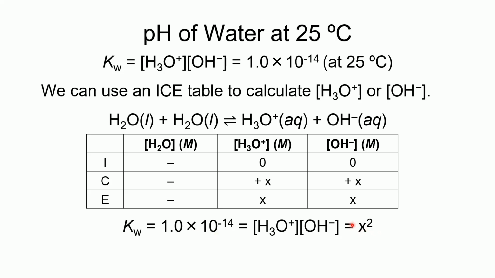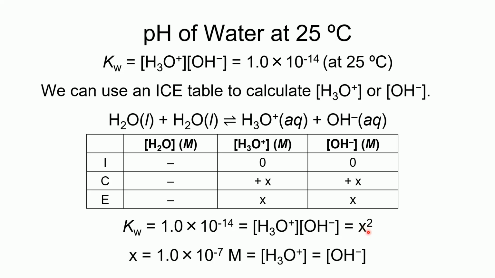We'll take the square root of 1.0 times 10 to the negative 14, and we will get 1.0 times 10 to the negative 7. I misspoke there. So X is equal to that, and so X is equal to hydronium, and X is equal to hydroxide.